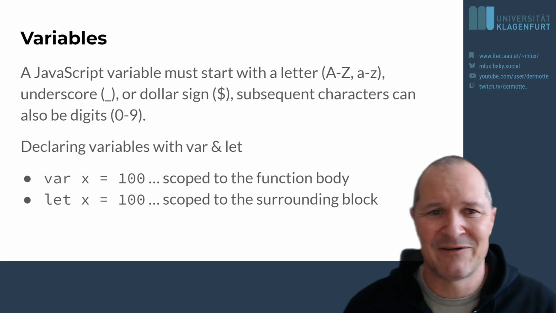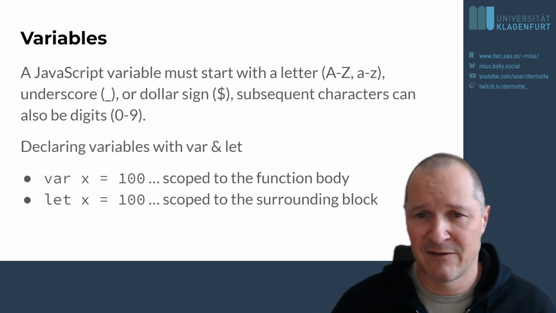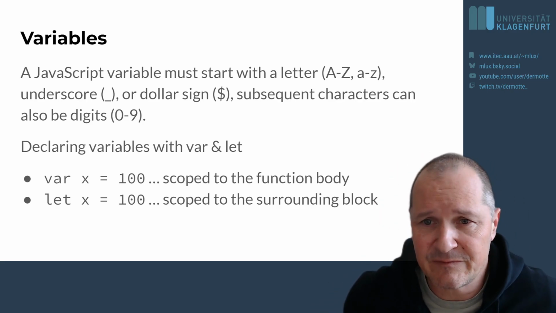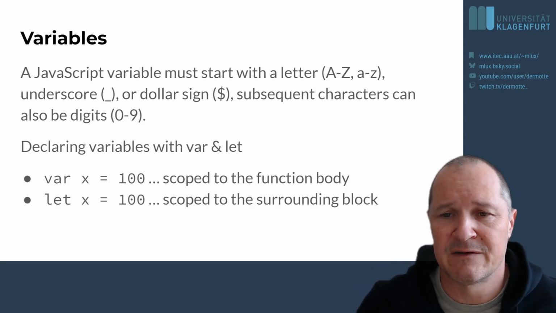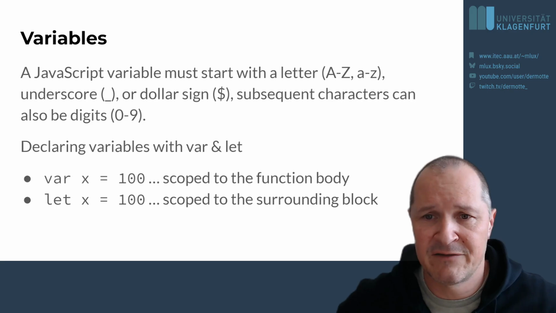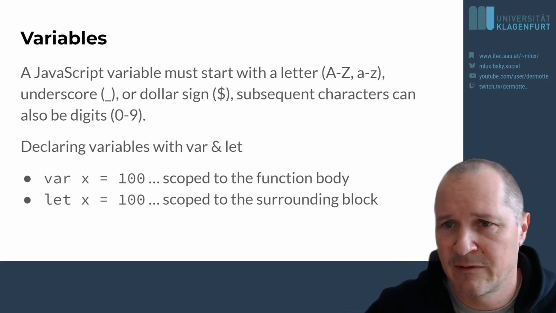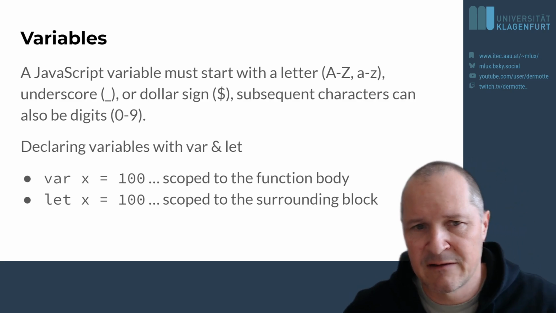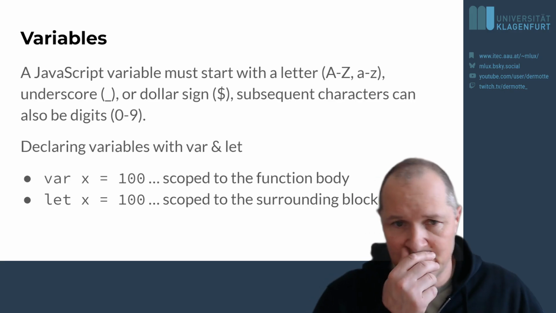So having a variable outside of your functions is kind of a bad thing, because it overrides all the other variables and can lead to unpredictable behavior. So use let and stay within your code. That would be great.